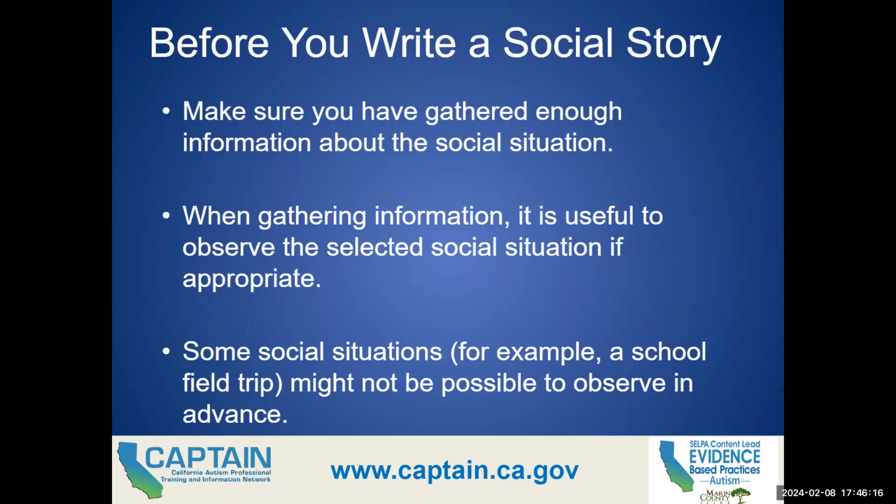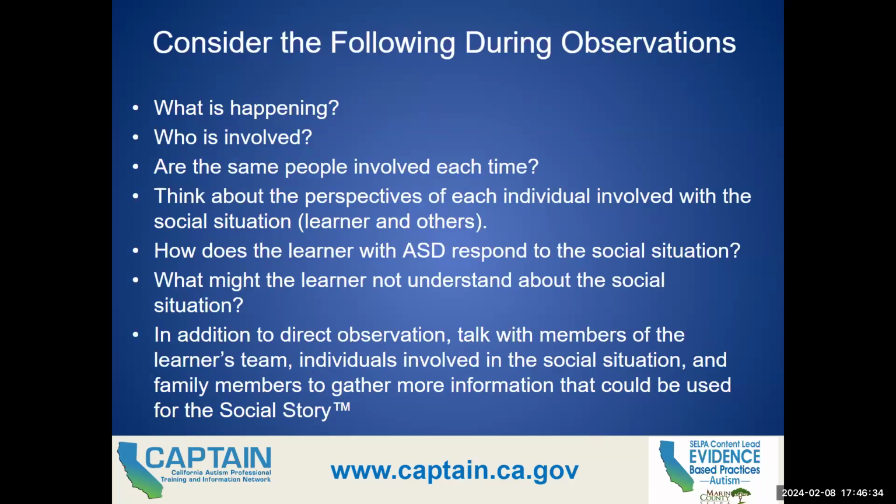If you can, you want to observe the social situation, right? Especially as a parent, you're not going to be able to observe it at school, but you're going to have social situations at home that you can observe. So you want to observe it and see what's going on so that you can try to think about your child's perspective. So things that you want to think about when you're observing: what's happening? Who's involved? Is it the same person every time, right?